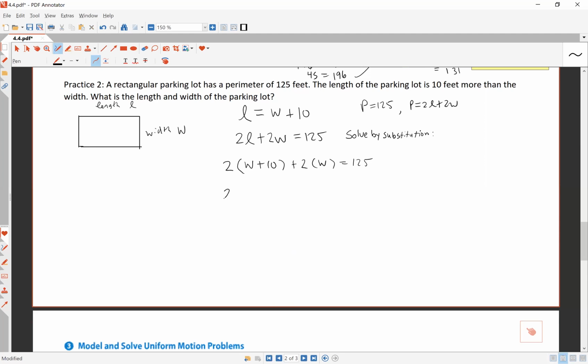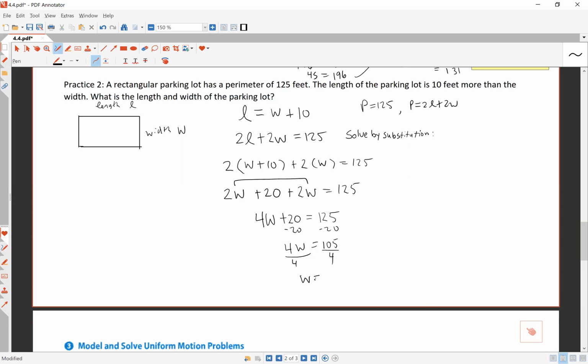We distribute the 2 across and get 2W plus 20 plus 2W equals 125. 2W plus 2W is 4W. And so we solve this by subtracting 20 from both sides. That gives us 4W is 105. We solve for W by dividing by 4.